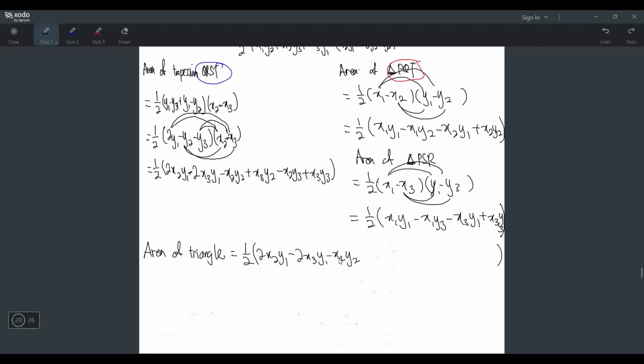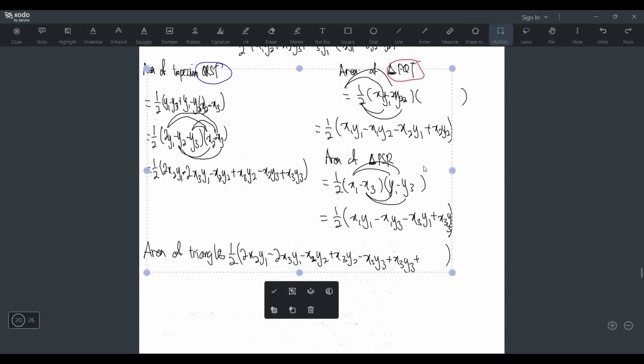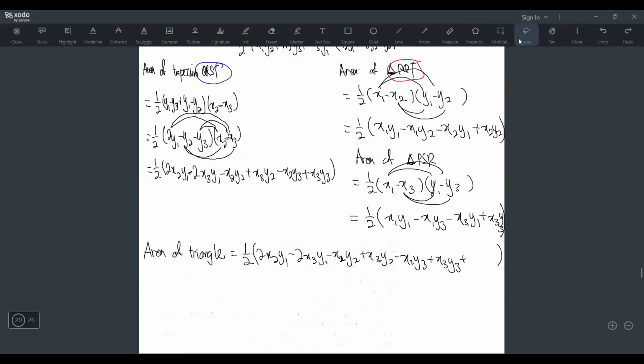Plus x3y2, and then minus x2y3, and then plus x3y3. Okay, until here finished, right? But remember you have to plus this, so you just write plus. If it is plus you don't have to put brackets, don't have to worry. But if it's minus, you have to be careful.